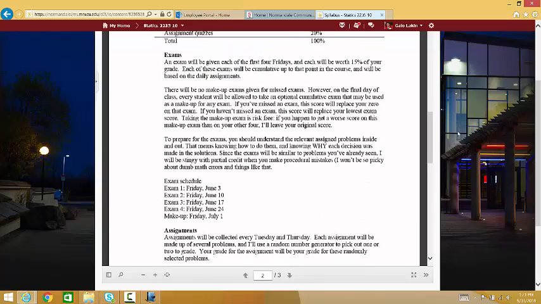Okay, so first exams. There are going to be 4 exams. Well, there's going to be an exam every Friday, so that's easy to remember. Each of those exams is going to be cumulative up to that point. Each of those is worth 15% of your grade. 4 exam scores go into your grade.